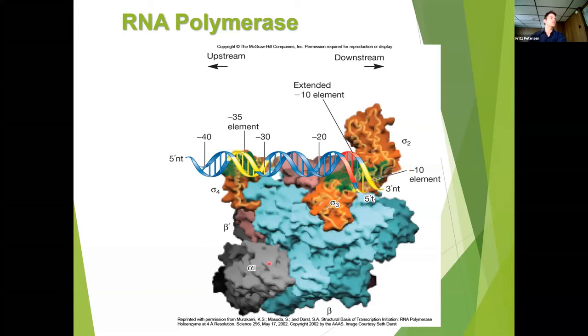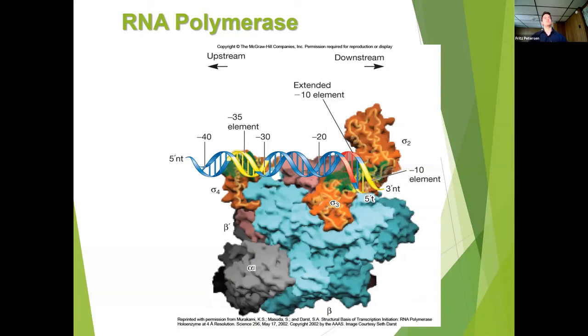Here you can see the different subunits in different colors and different Greek letters, representing all the different protein subunits that make up this RNA polymerase molecule. It also uses the enzyme helicase, the zipper enzyme, to open the double-stranded DNA so that one strand of the exposed nucleotides on the DNA can be used as a template for synthesis.